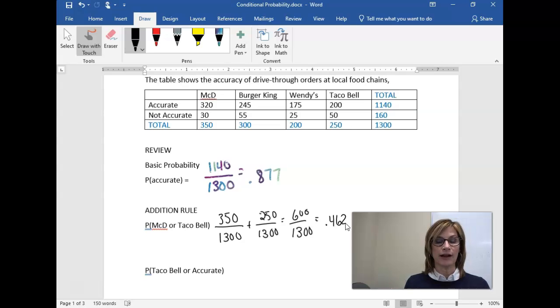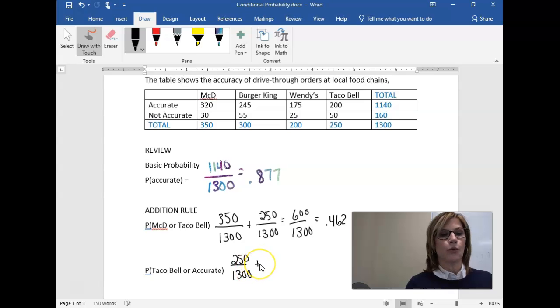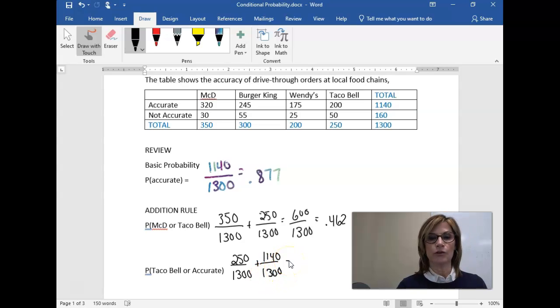There is no overlap. But the next one, Taco Bell or accurate, we do have an overlap. So we start out with Taco Bell. We have 250 orders from Taco Bell. We have 1,140 orders that are accurate. And of those 1,140 orders, 200 of the accurate orders were from Taco Bell.